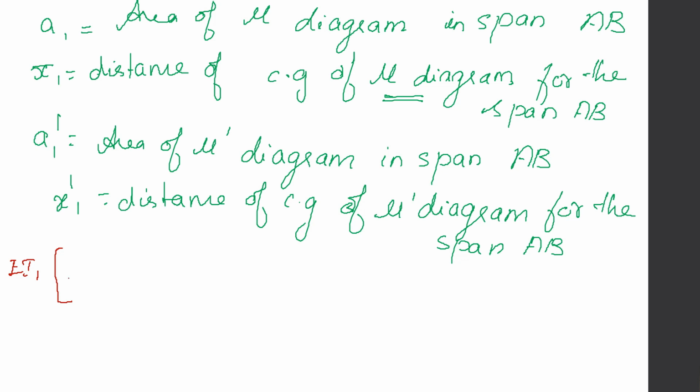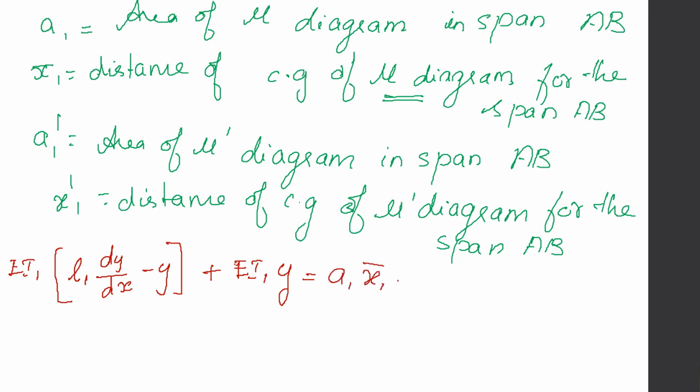So we get EI1 into L1 into dy by dx minus y plus, we are substituting the limit 0, so EI1 into y, this is for the next value, is equal to A1 x1 bar plus A1 dash x1 dash bar.